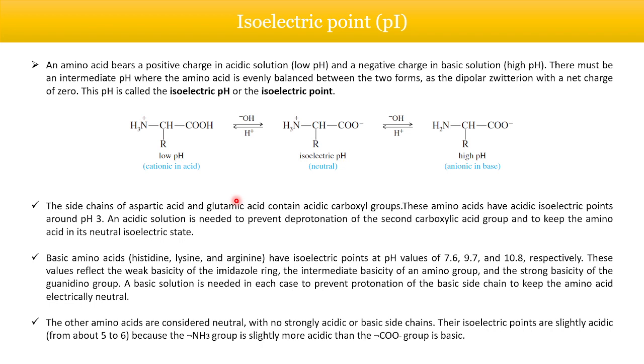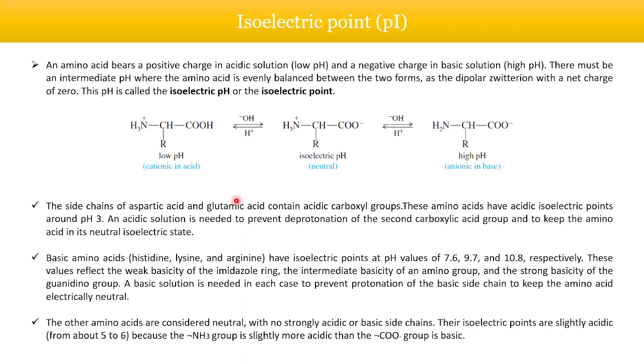What we can infer from these values is that they reflect the weak basicity of the imidazole ring in histidine, the intermediate basicity of lysine, and the strong basicity of the guanidine group present in arginine. So a basic solution would be needed in each of these cases to prevent the protonation of the basic side chain, to keep the amino acid electrically neutral.